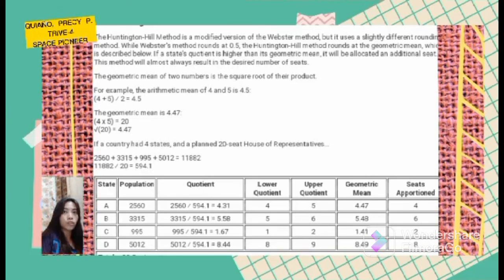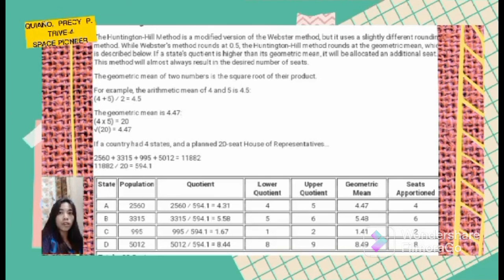To find the final allocation, we must compare the quota and the geometric mean. If the quota is larger, we must round up. If the geometric mean is larger, we must round down. Now to determine state A: the geometric mean is larger.